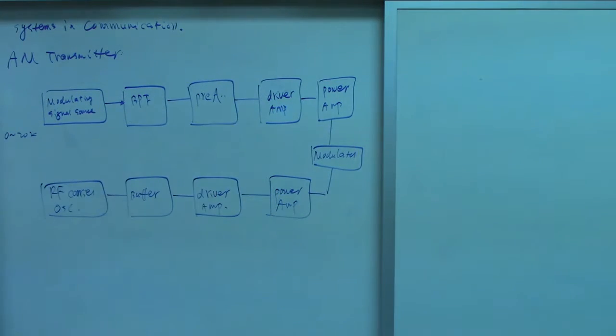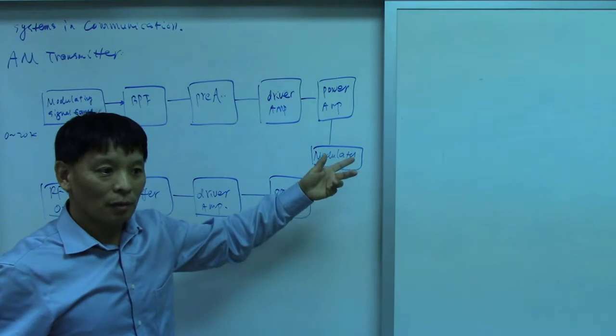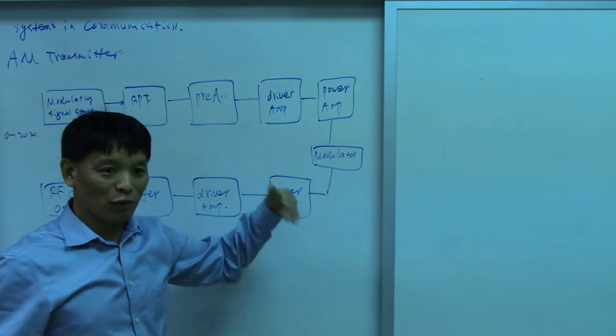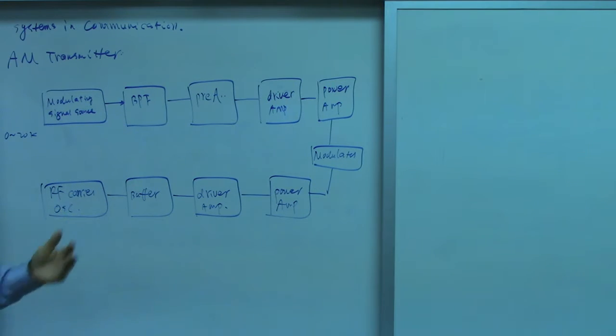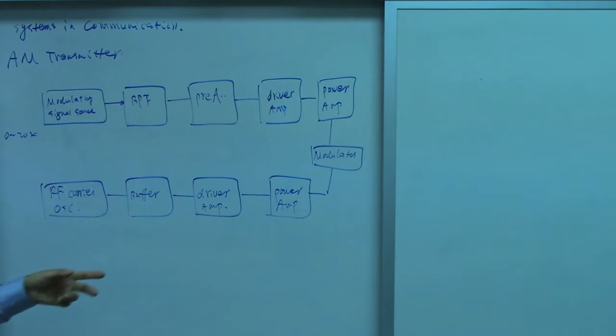Modulator, as we mentioned, we are going to discuss the details in the following chapters. A modulator is just a multiplier. It can be called a phase detector, a phase comparator, or a mixer, but here we call it a modulator. So you can see the same thing can have different names under different conditions.